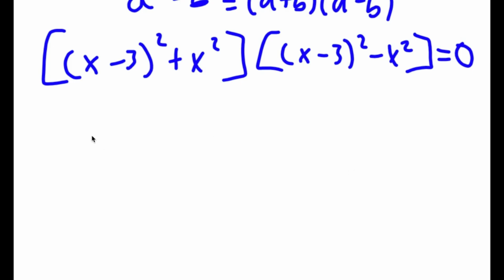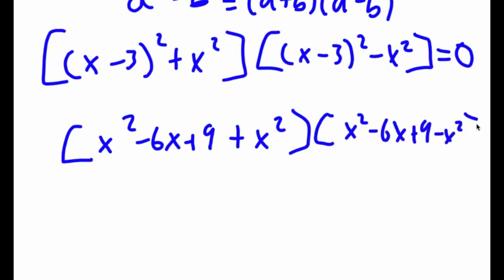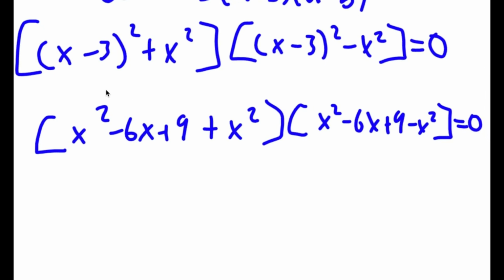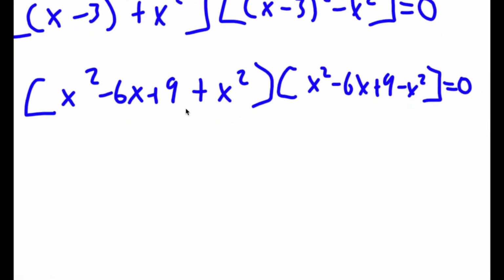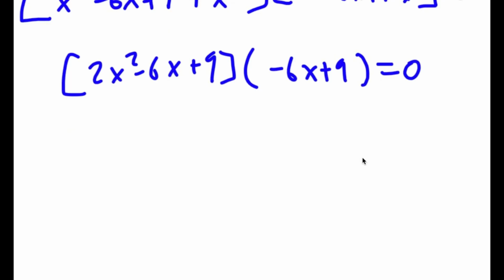And now this is the same thing as (x² − 6x + 9 + x²) times (x² − 6x + 9 − x²) is equal to 0, because I just expanded (x − 3)². So now I'm going to simplify this to (2x² − 6x + 9) times (−6x + 9) is equal to 0.